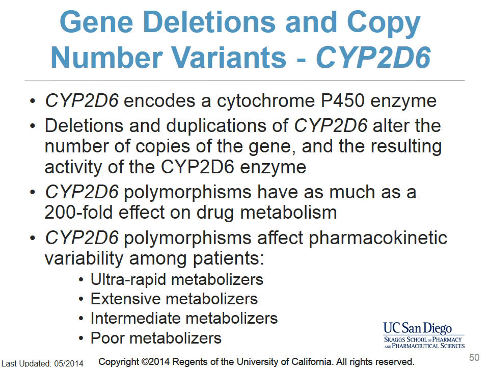CYP2D6 polymorphisms lead to pharmacokinetic variability among patients, resulting in several phenotypic categories. Patients are classified as ultra-rapid metabolizers, extensive metabolizers, intermediate metabolizers, or poor metabolizers.